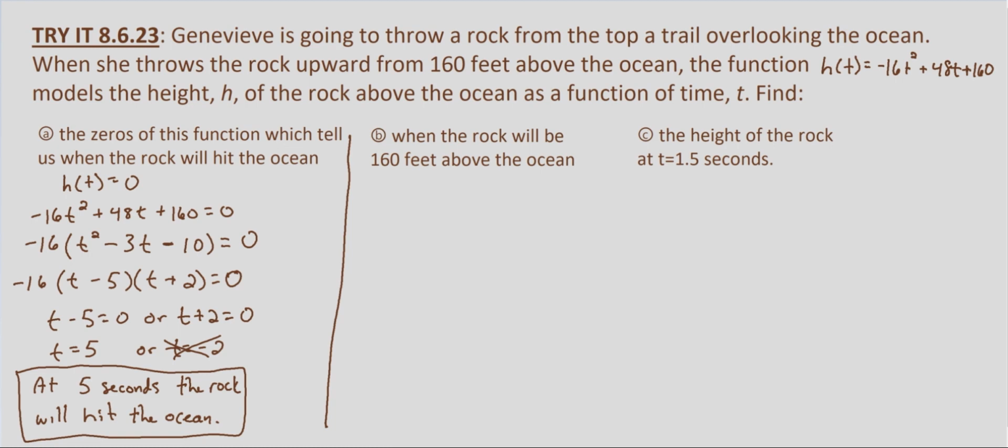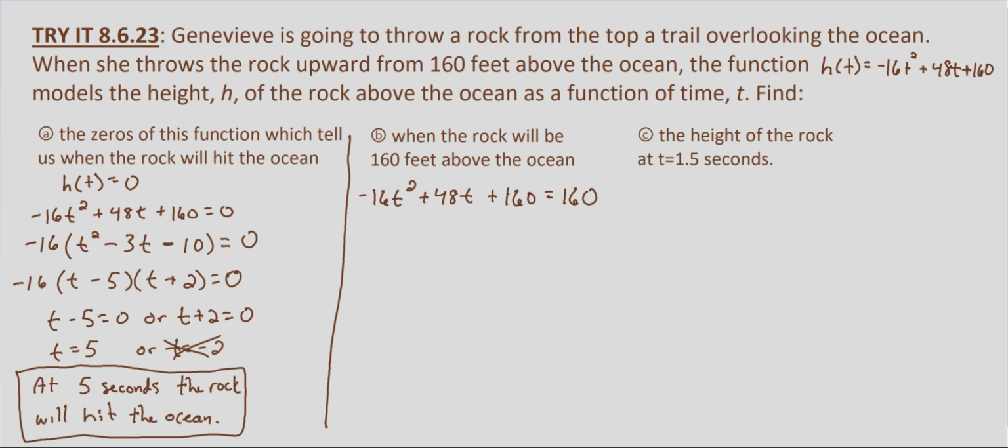So what we would do is we would set the entire function equal to 160. So h(t) = 160, so that gives us -16t² + 48t + 160 = 160.